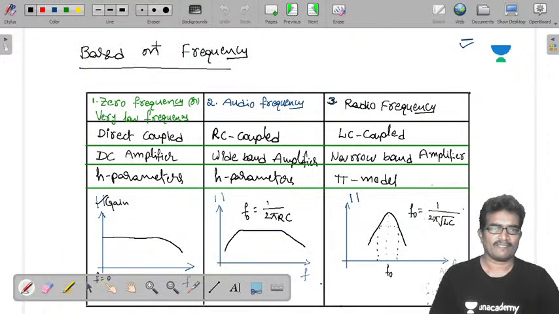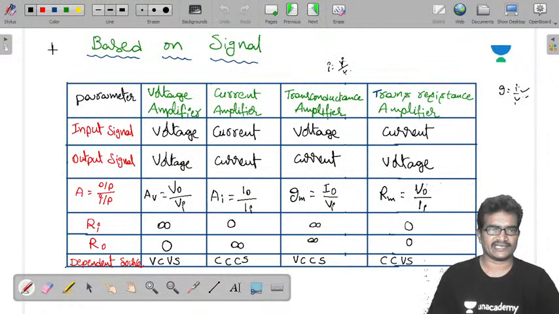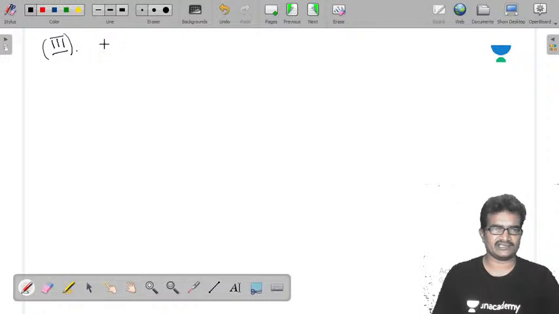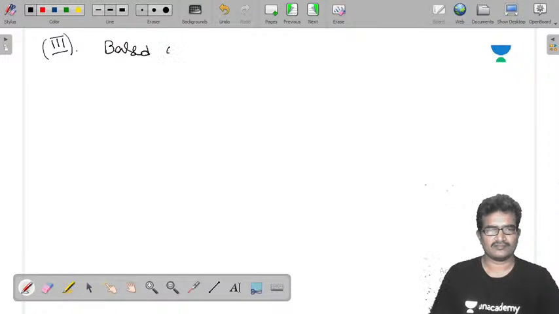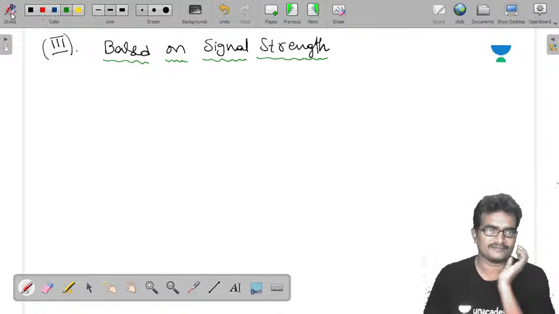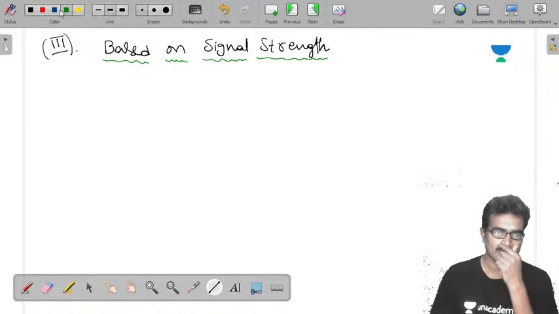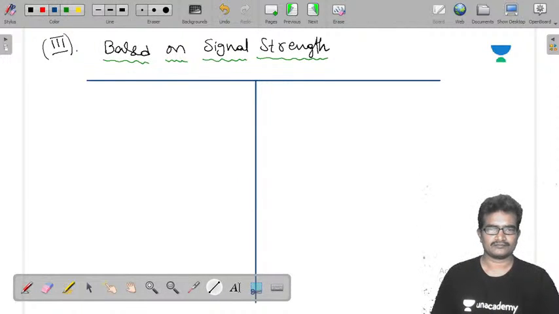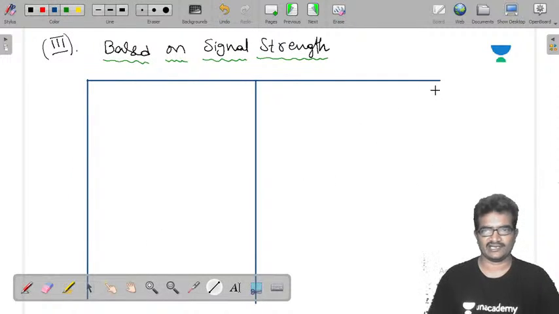This is the first classification and this is the second classification. Now the third one is based on signal strength. Based on signal strength we classify amplifiers into two types: small signal amplifiers and large signal amplifiers.